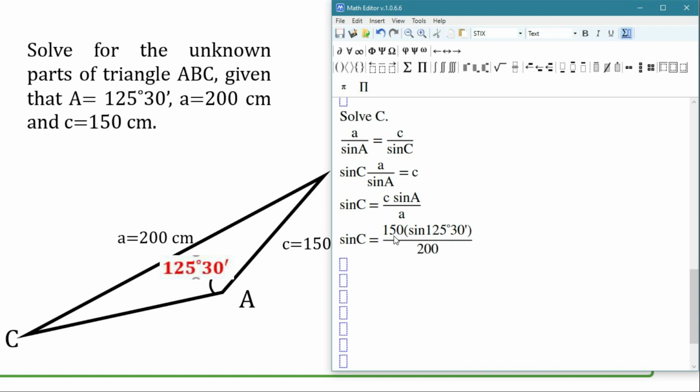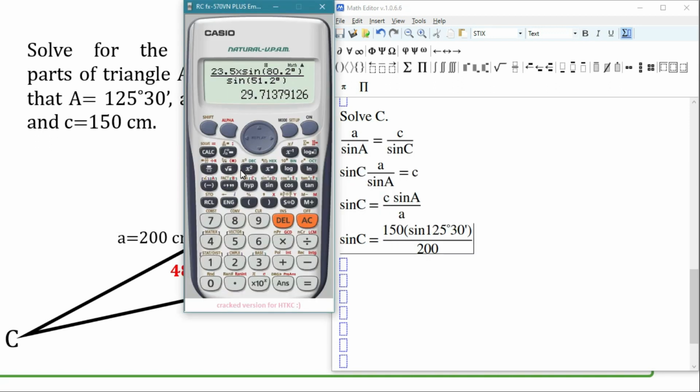But since we are blessed with technology now, we'll have 150 multiplied by the sine of 125 degrees and 30 minutes, over 200.